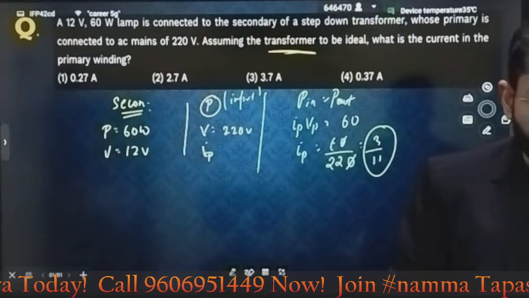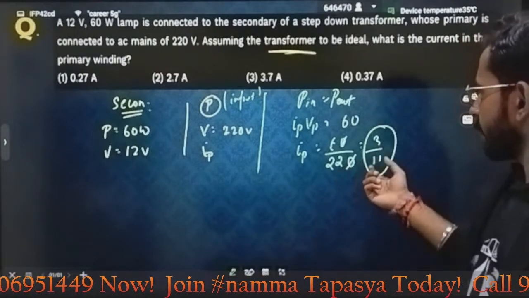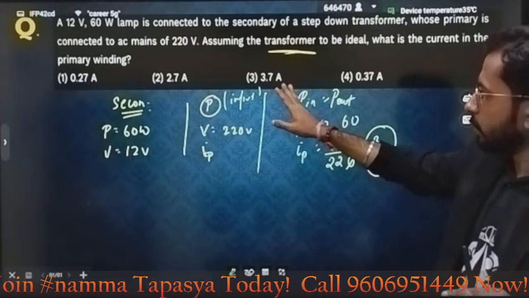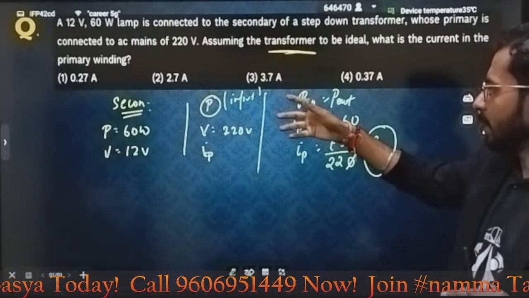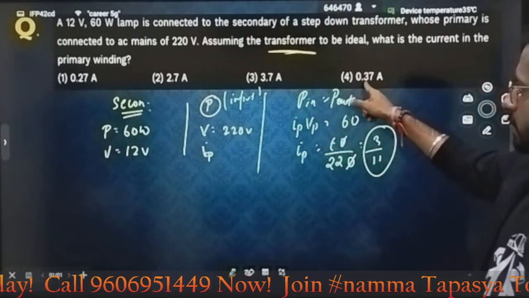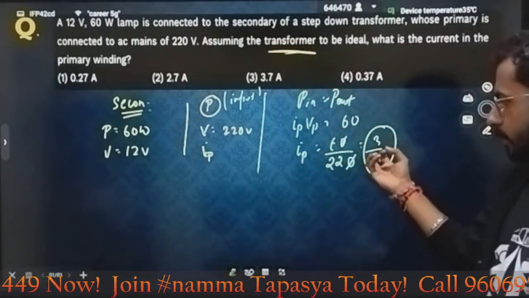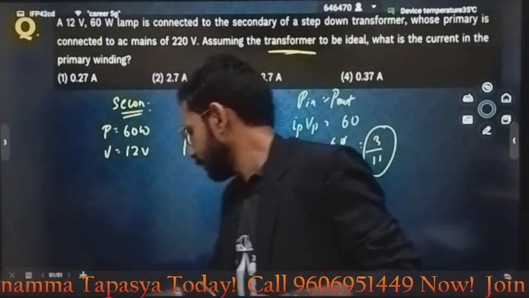Every time it is not mandatory that you solve the question completely. 3 by 10 is 0.3, correct? Which options are greater than 0.3? All the answers except one. Say this is 0.37 and this is 0.27, but it is 11, so it will be shorter than 0.3. That means I can say 0.27 should be the answer.